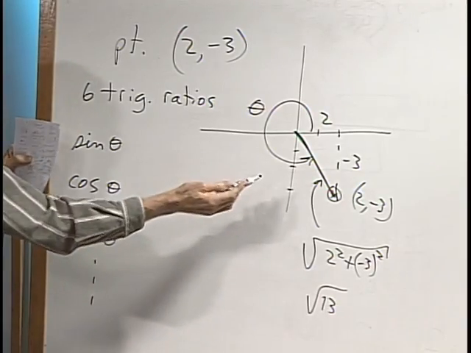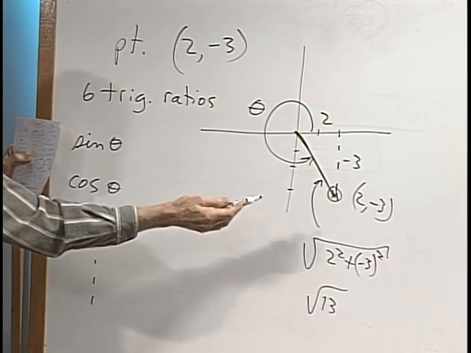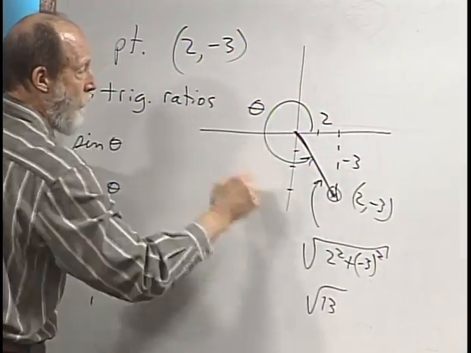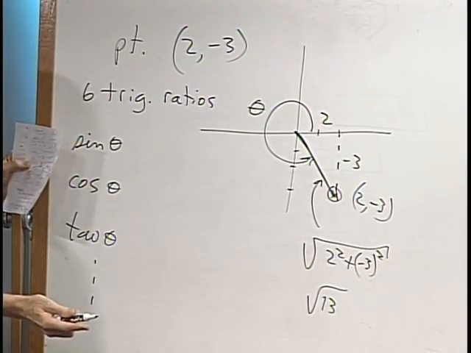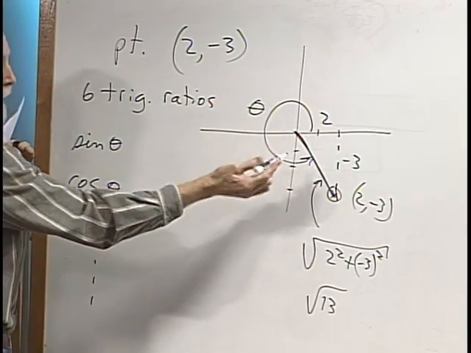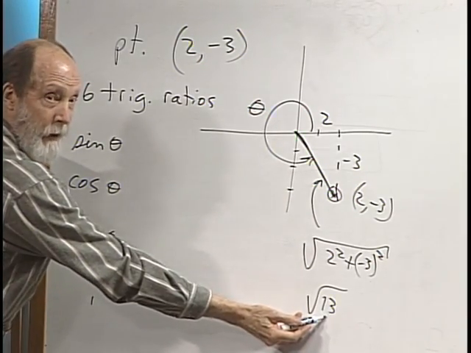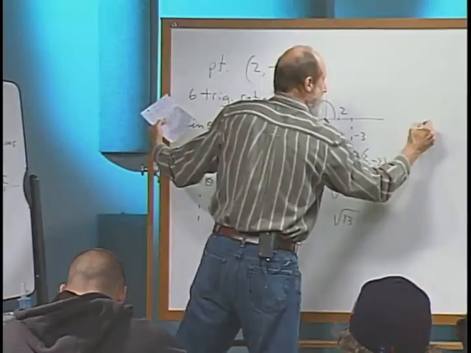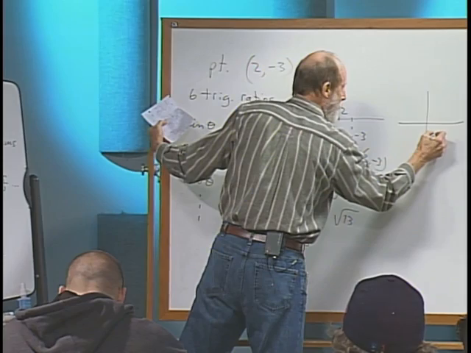Is this a unit circle? No, not a unit circle. This would be a circle, if you wish to draw it, with a radius of square root of 13 and not 1. Now, if we scale that back down to the unit circle, since square root of 13 is about 3 point something, the point would still be here.